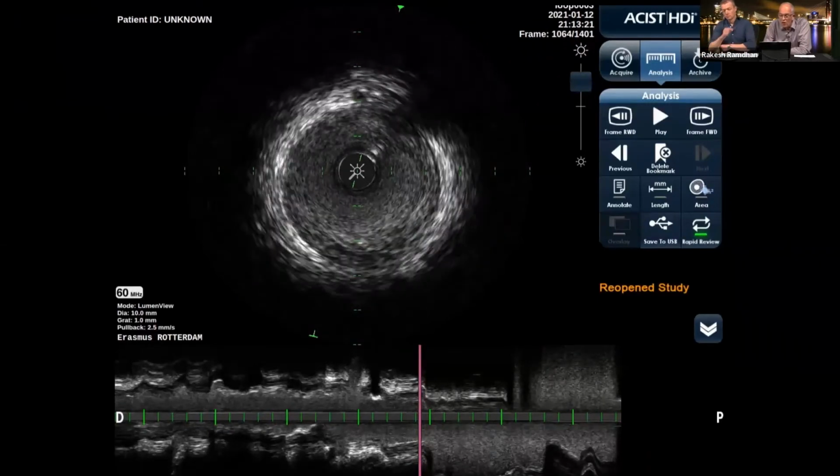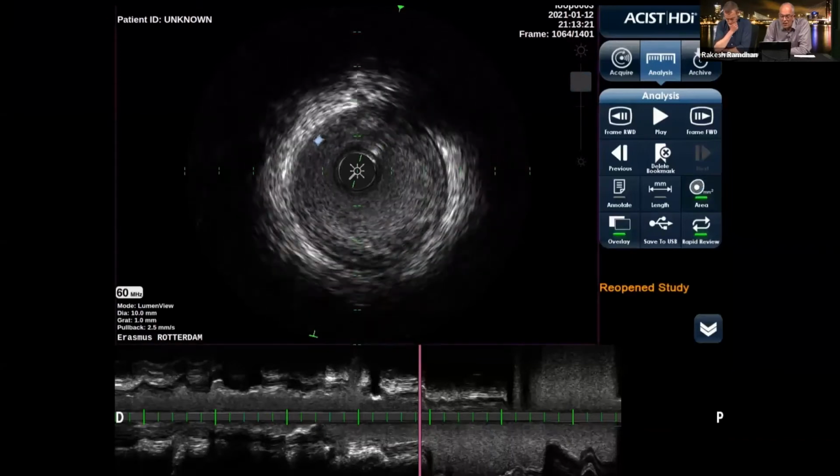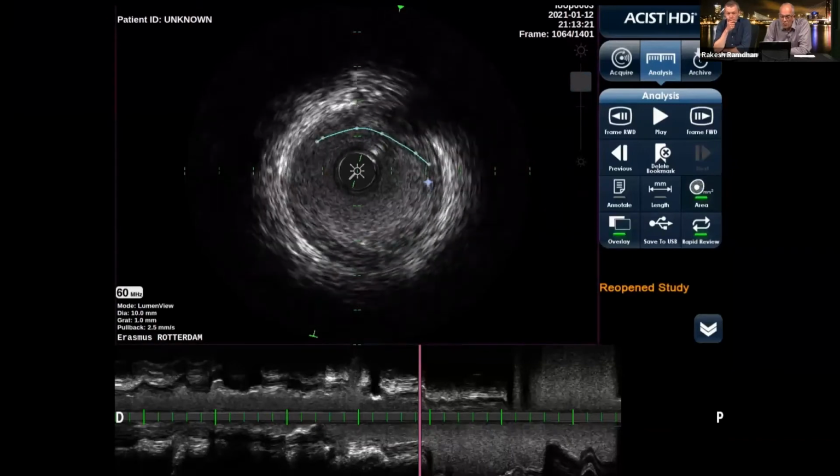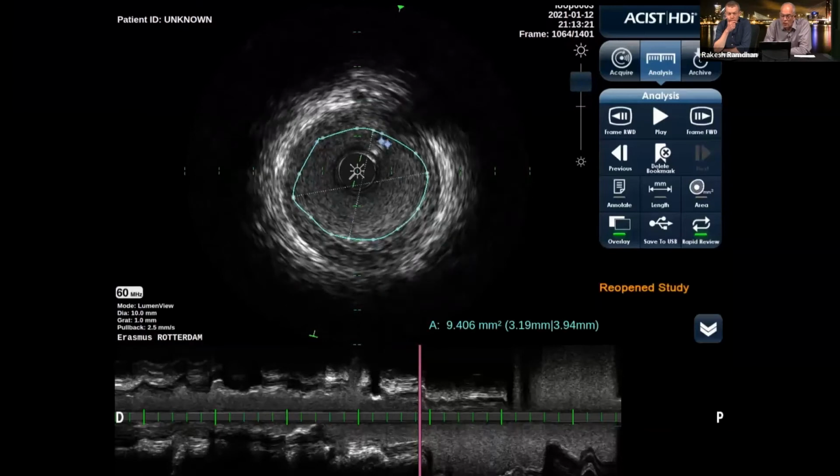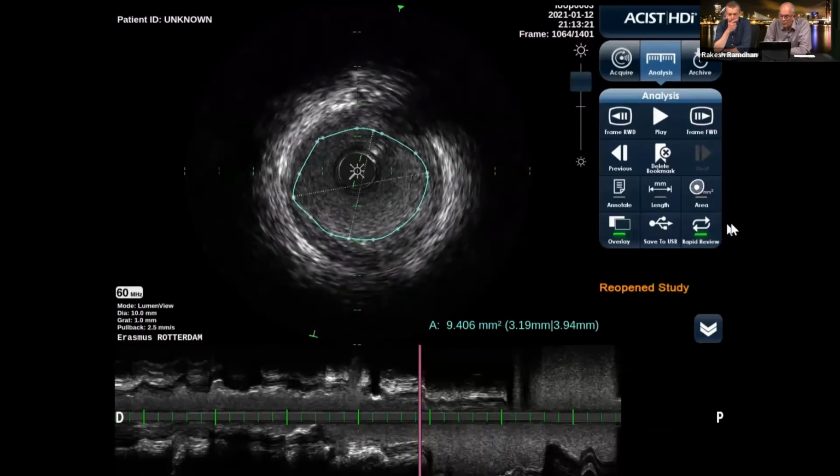Let's see if this is a nice one in here. And you see that I keep the picture moving. That can help you to define the border of your lumen and your media. Then I will make another area, so I can correct it later on.